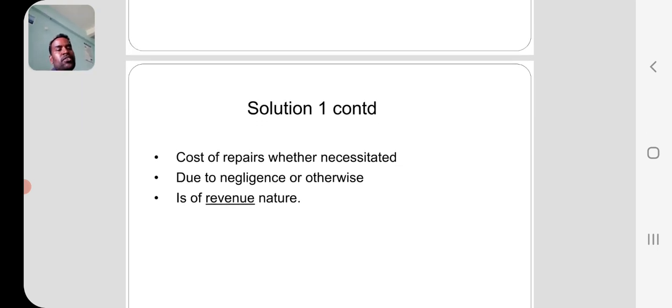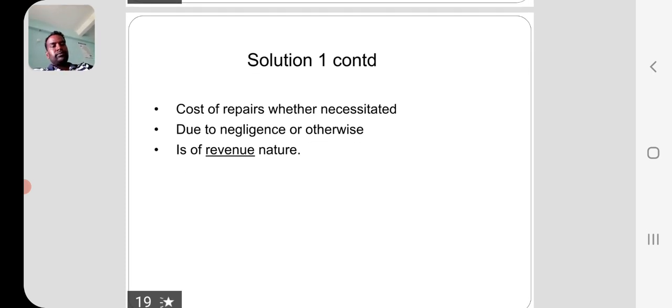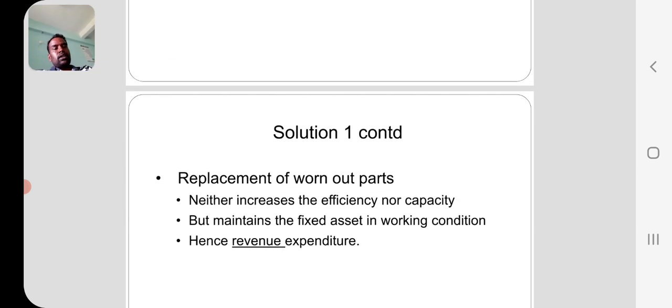Cost of repairs, whether necessitated due to negligence or otherwise, is revenue in nature. Replacement of worn out parts neither increases efficiency nor capacity but maintains the fixed asset in working condition, hence revenue expenditure.